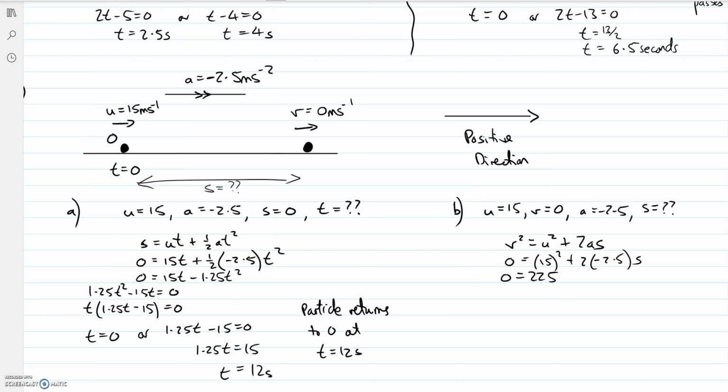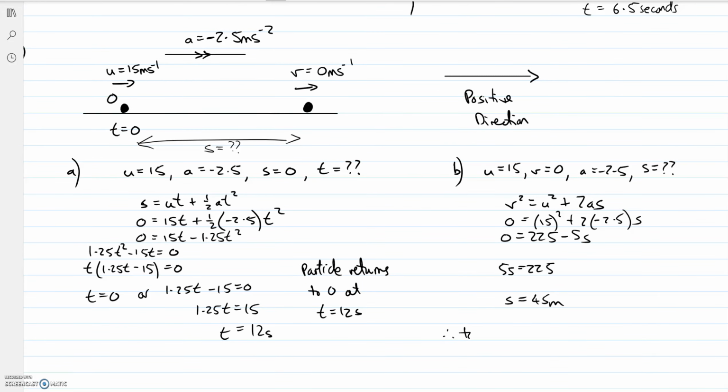So this is 225 minus 5s, rearrange, divide by 5, so this is going to be 45 meters, but that's the displacement at its very final point here on the right. So therefore the total distance travelled by P in that time, starting at O and then getting back to O, is going to be 2 lots of that. So it's going to be 90 meters as my final answer, because it's got to go there and it's got to go back.